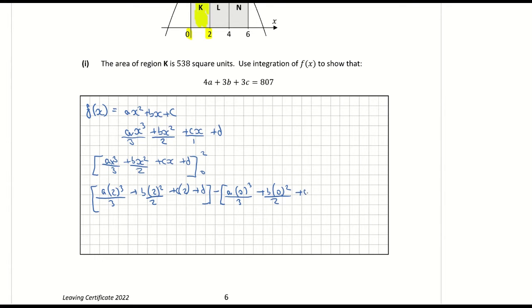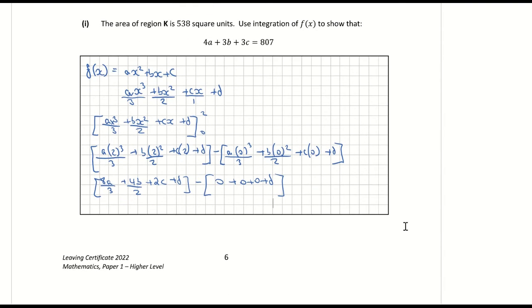Look, I know I'm doing this, but you can hopefully see that it's just going to give you 0 anyway, so I don't need to write them all out, but I'm just going to do it. So that's giving me 8a over 3 plus 4b over 2 plus 2c plus d minus, well, that's just going to give me 0 plus 0 plus 0 plus d.